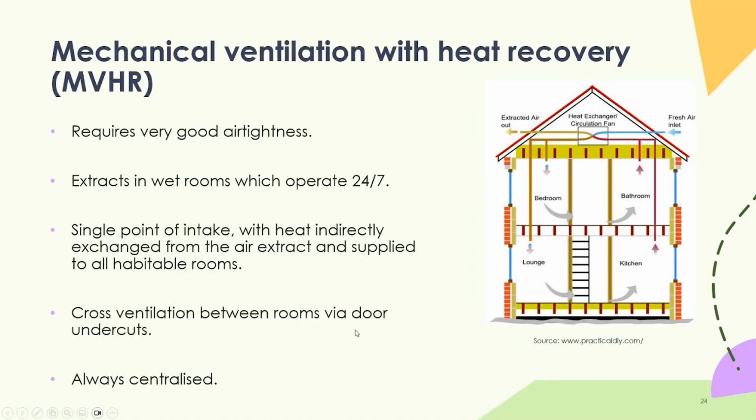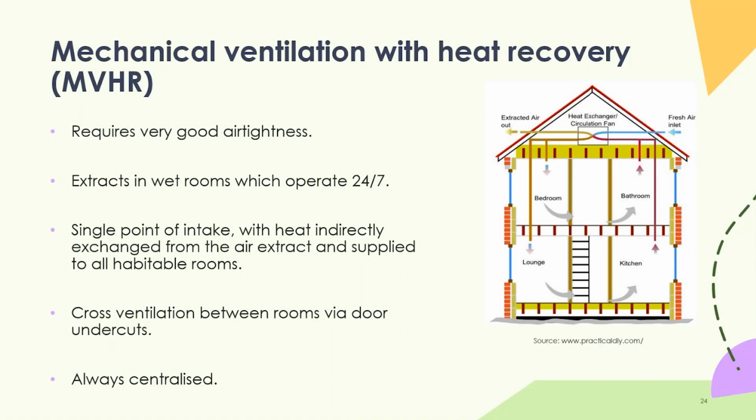And finally, on the ventilation side, we're looking at mechanical ventilation with heat recovery, or MVHR as it's commonly referred to. It's only really the sort of measure we'd install in a very airtight property. Basically, because what it does is it extracts and supplies the air.